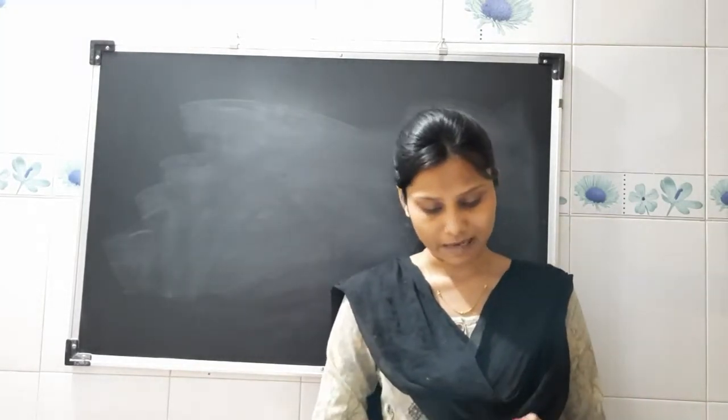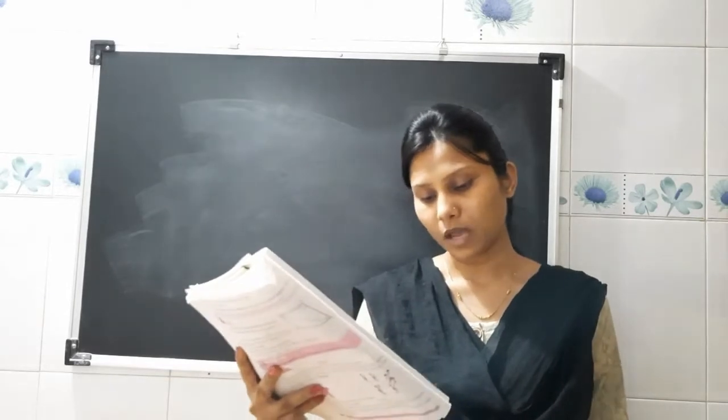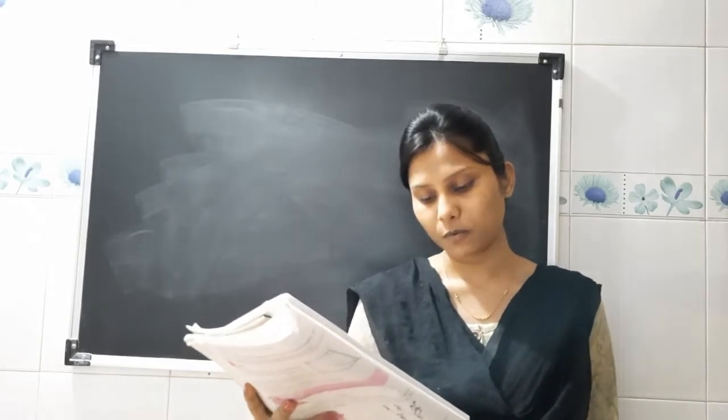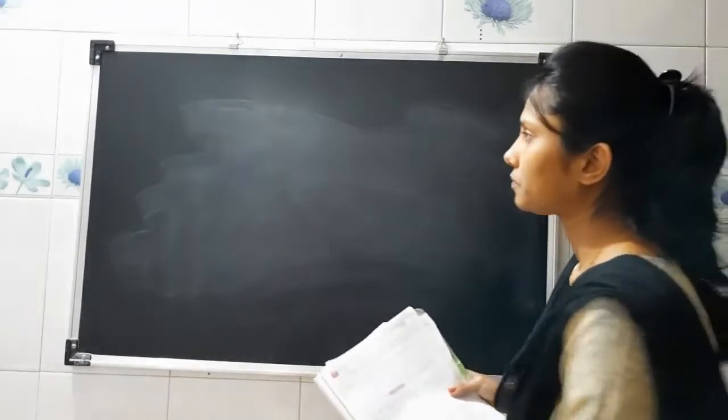Now let's come to practice set 38. Let us read question number 1. Draw a quadrilateral XYZW and name the following. First, the pairs of opposite angles.